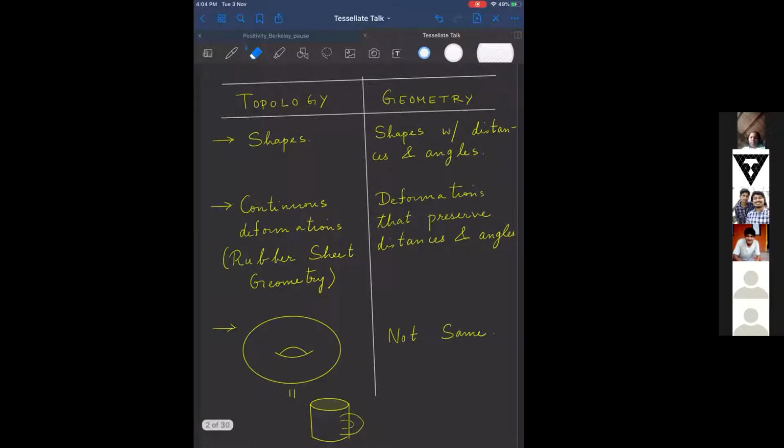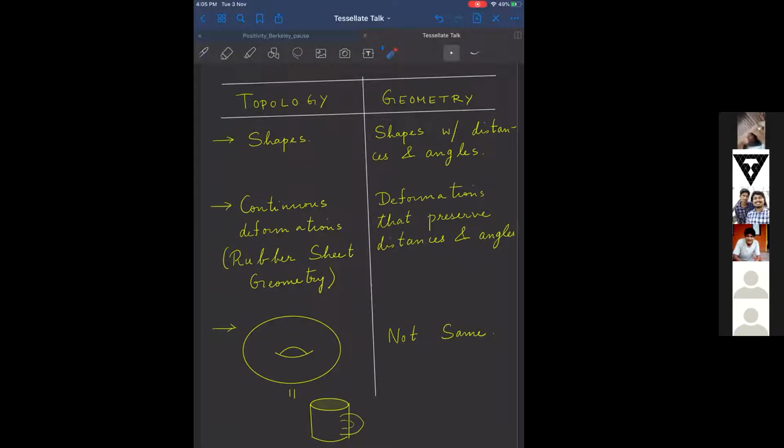And so in the realm of topology, a donut, which in fancier language is called the torus, is basically the same as a coffee mug, which is closed off, right? So this is supposed to be the lid of the coffee mug.